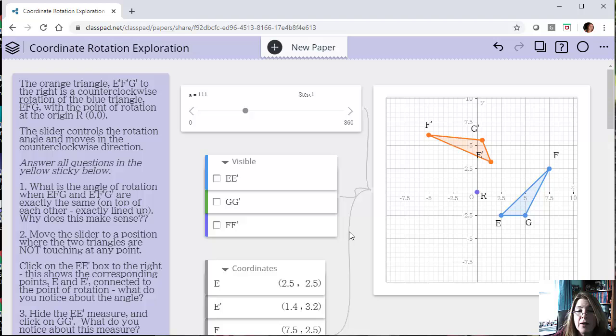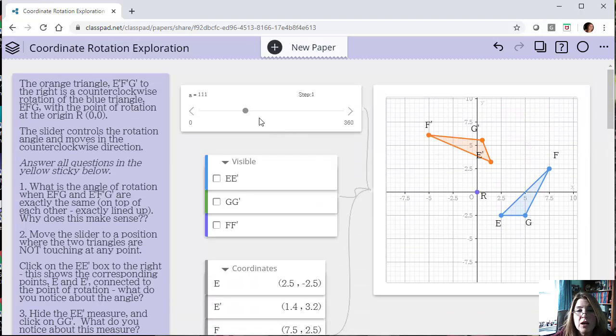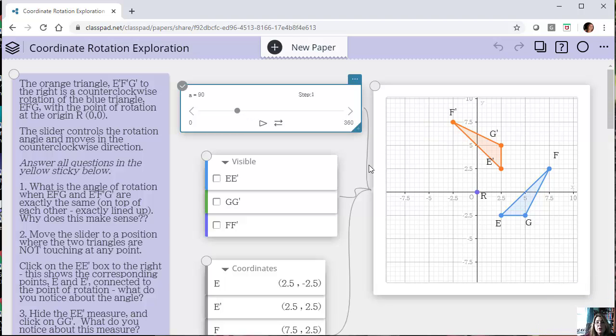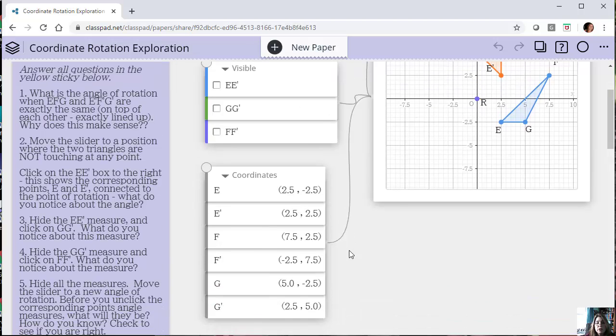After that, we ask them to move this to specific angles. Let's go to 90 right now. What do we notice about the points? When we have a 90-degree rotation, and notice our rotations are always going counterclockwise here, corresponding points have the same x value, at least here, and our y value has changed to its inverse.